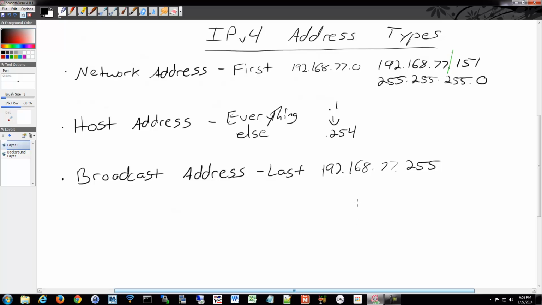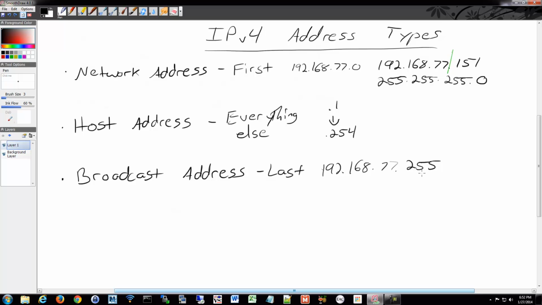And the broadcast is very special. If you send traffic to the broadcast address, it'll send it out into the network, and every single host will listen to that broadcast and then do something with it. So people refer to it as being sent out to everyone, but really it gets sent out onto the network with a destination address of 192.168.77.255.